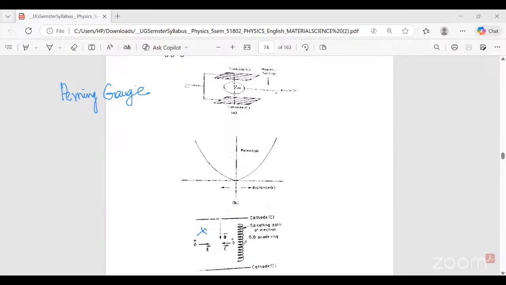Generally, the magnetic field is perpendicular to the planes of the cathode and the anode.